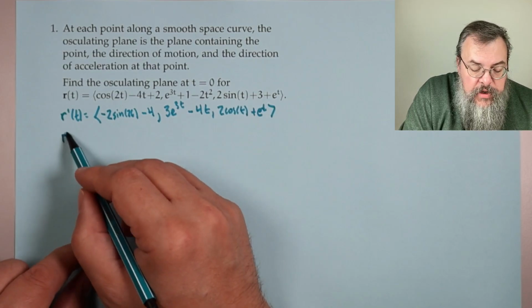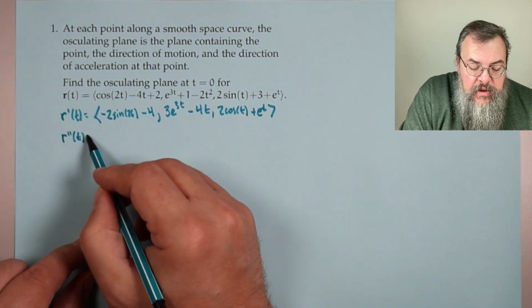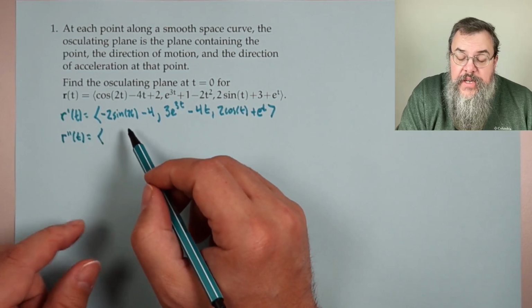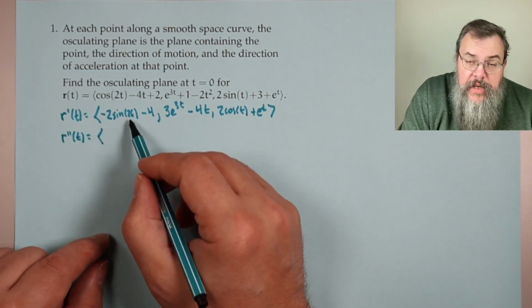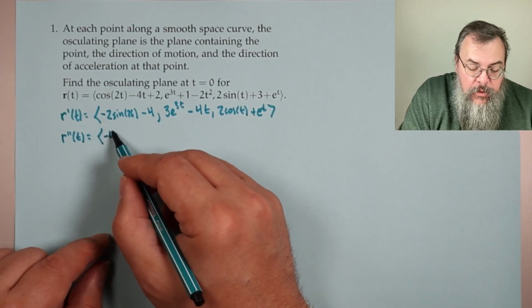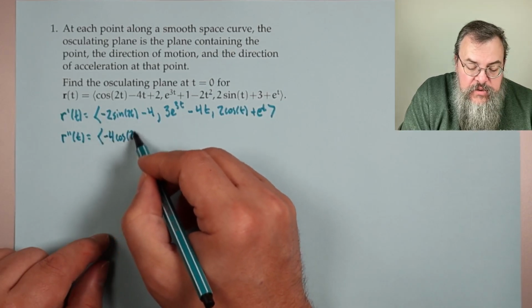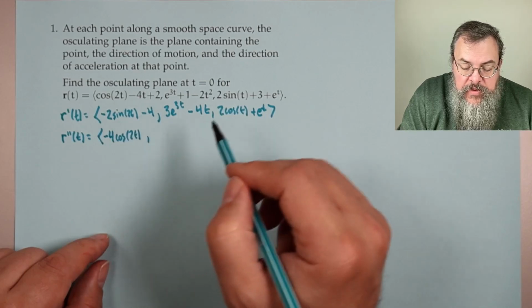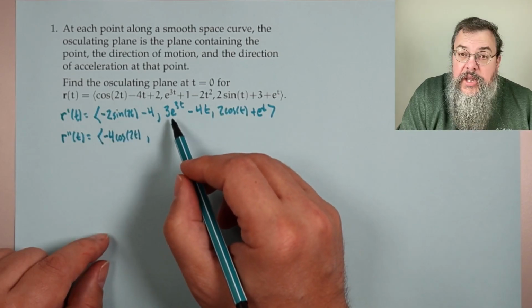And go ahead, we'll do r double prime. Okay, so again, derivative of sine is cosine. And don't forget, another factor of 2. So we're going to have minus 4 cosine 2t. Derivative of negative 4 goes away. Comma. Then we have derivative of 3e to the 3t.